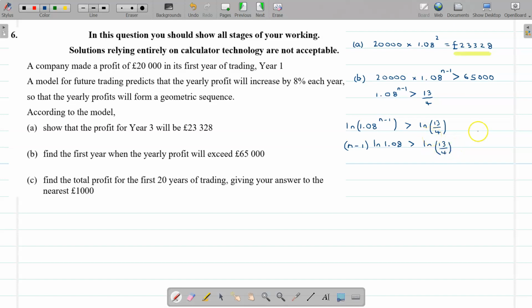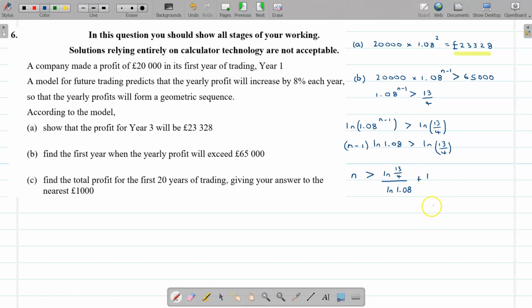And I can now do a division. So I could say that n is greater than, because I can add the 1 as well, so I'll divide both sides by the natural log of 1.08. So n is greater than the log of 13 quarters divided by the log of 1.08, and from that I've got to add the 1 that I had with the n over here.